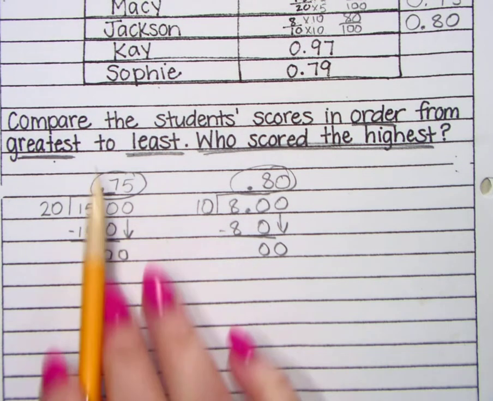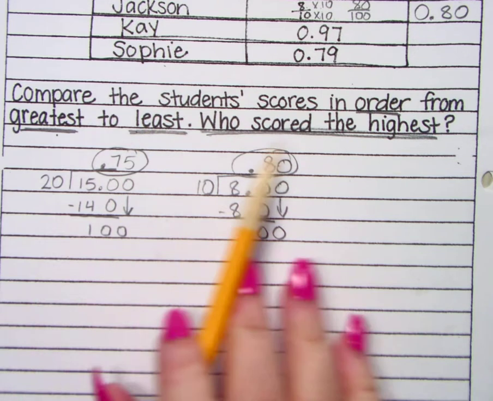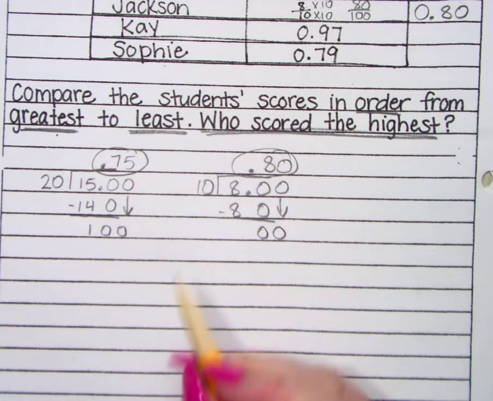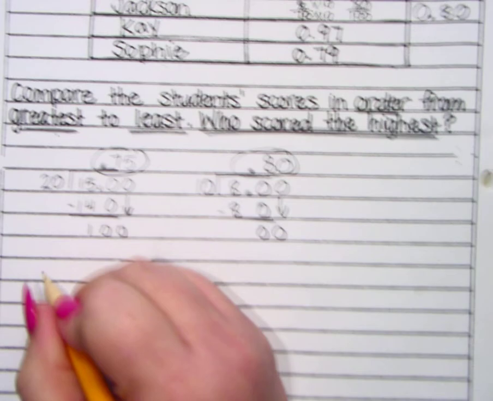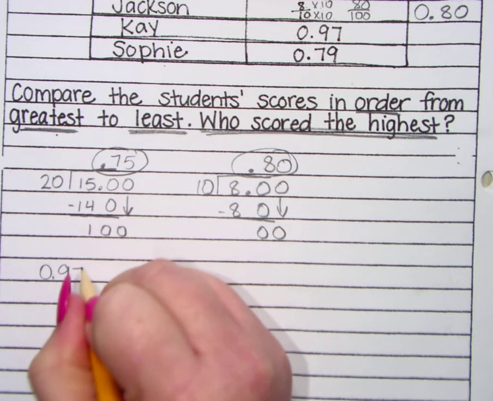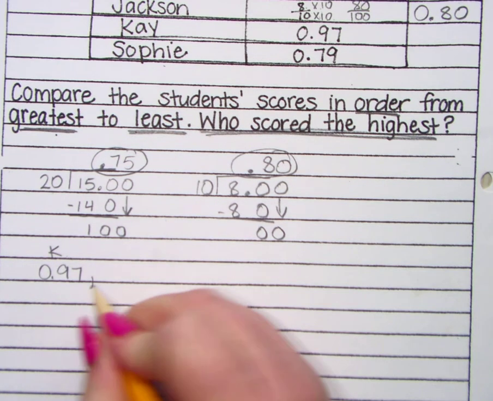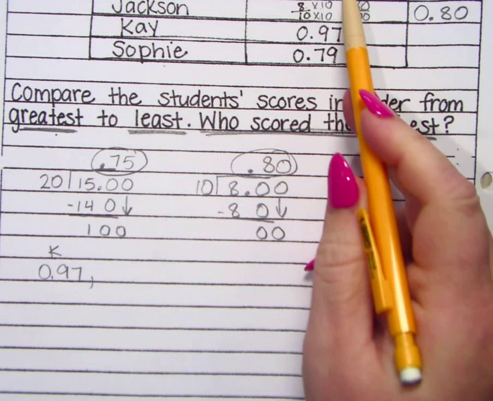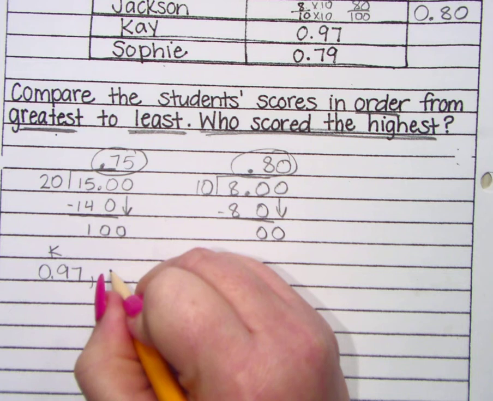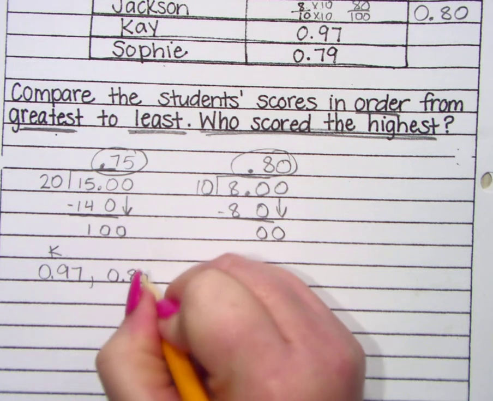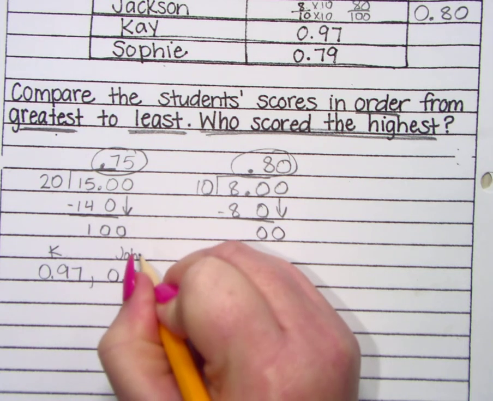Now we answer the problem. Compare the student scores in order from greatest to least. So let's list them out, greatest to least. I have 97 hundredths, and that was K. Then I have 85 hundredths, and that was John.